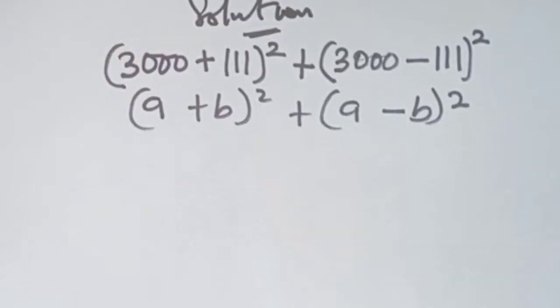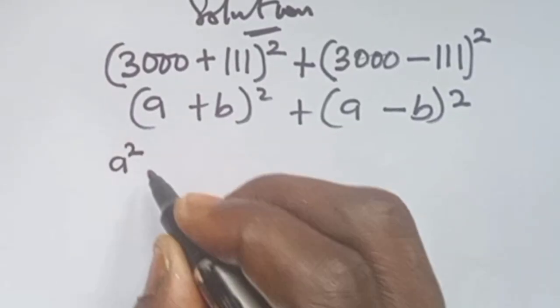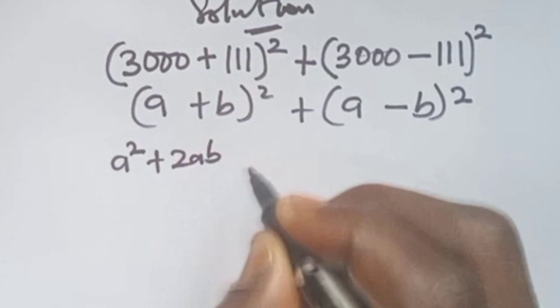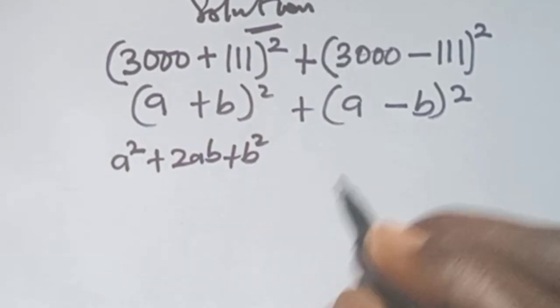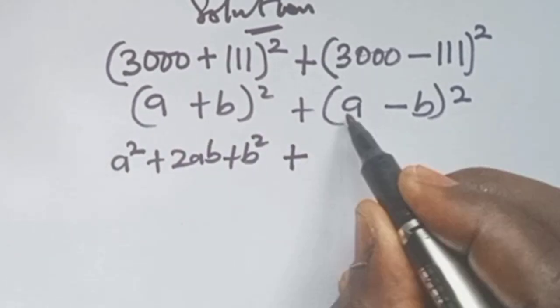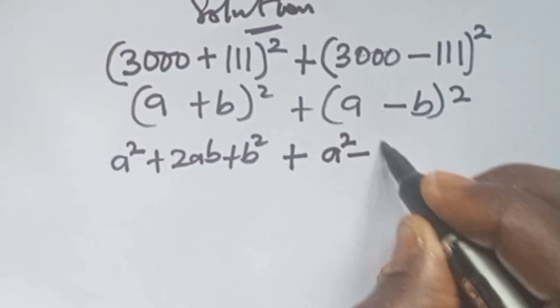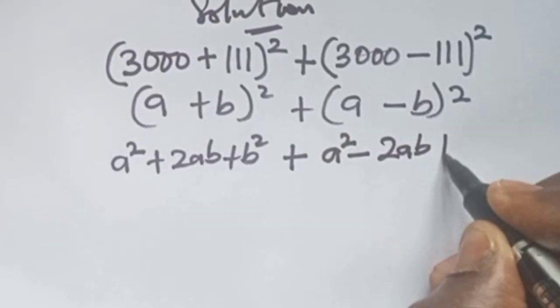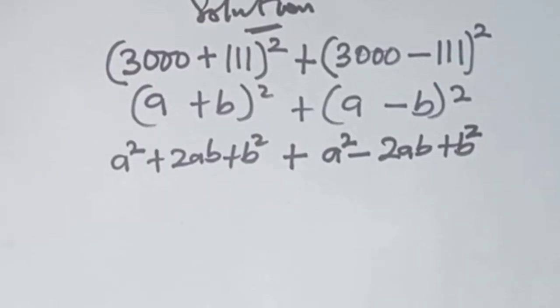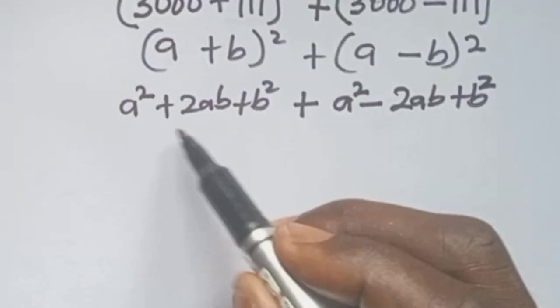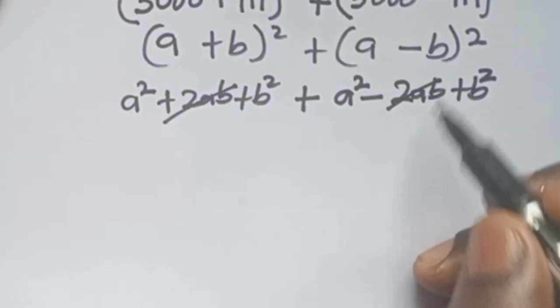And this is represented as A to the power of 2 plus 2AB plus B to the power of 2, and here plus, this very one is equivalent to A to the power of 2 minus 2AB plus B to the power of 2. 2AB can cancel out.